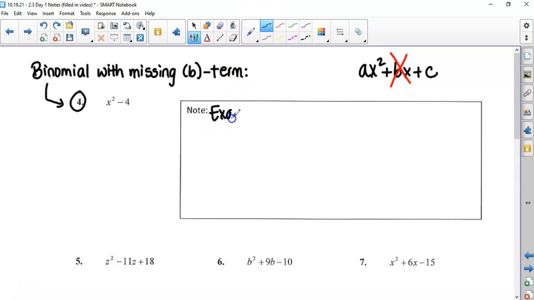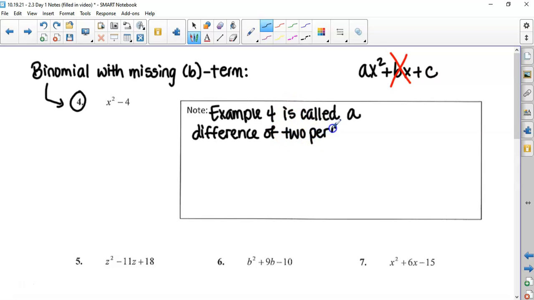Example 4 is called a difference of two perfect squares.